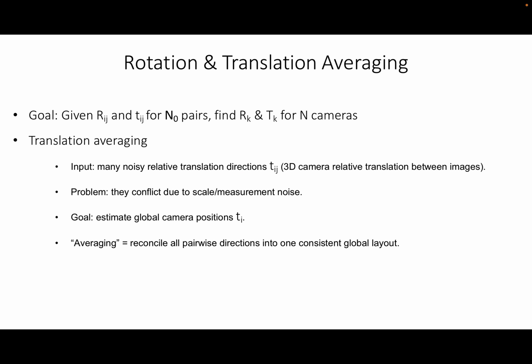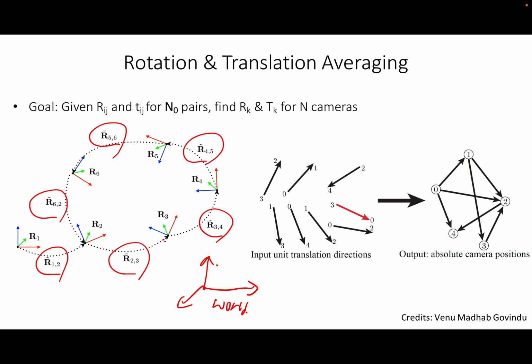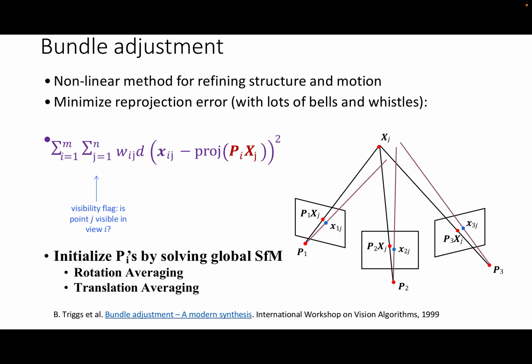Translation is the same. Relative translations between frames conflict due to scale and measurement noise, so we estimate global camera positions by averaging, considering all the pairwise directions into one consistent global layout. So thanks to rotation translation averaging, we get rotation in the world coordinate system, and translation is the same.